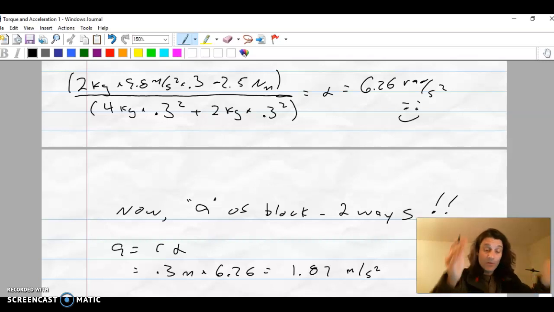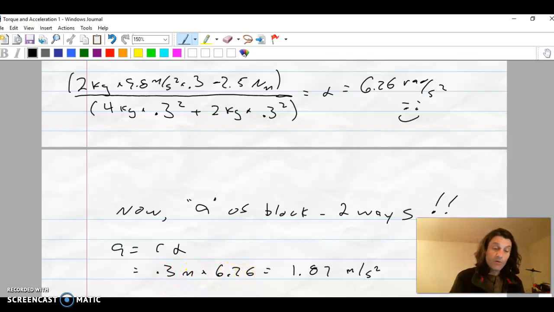Now, what if I were to ask you what the acceleration of the block is, that linear tangential acceleration? We can do it one of two ways. The acceleration is equal to R alpha. It's 0.3 times 6.26, the radius times the rotational acceleration.